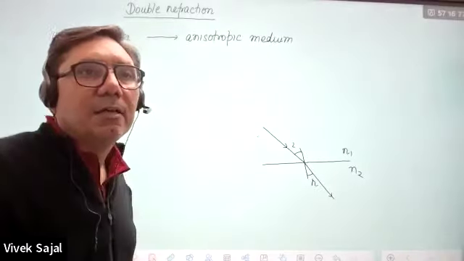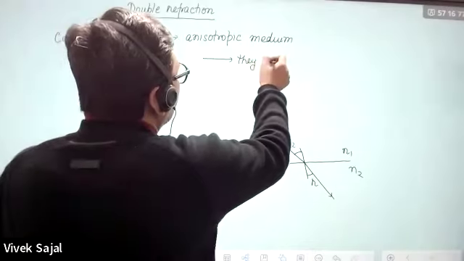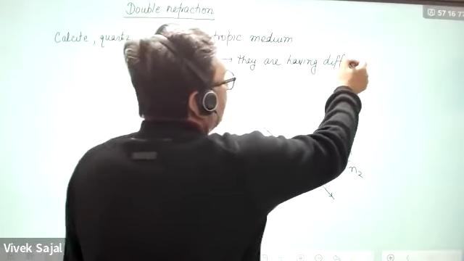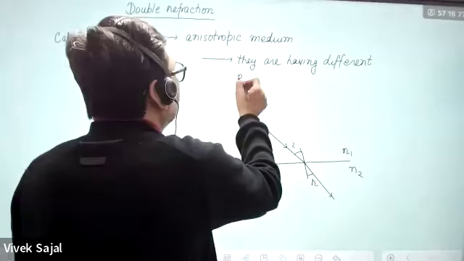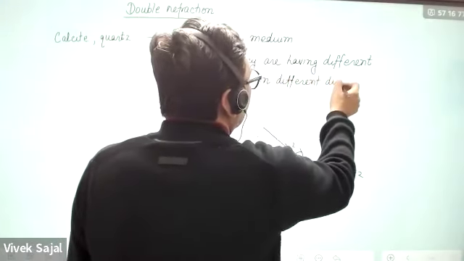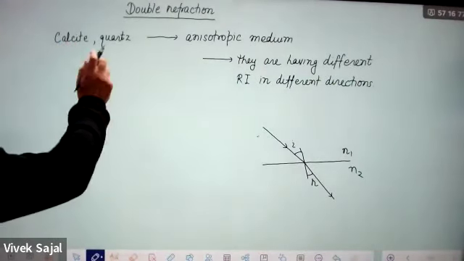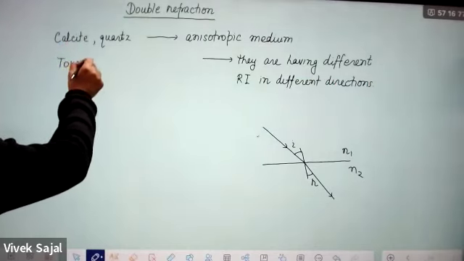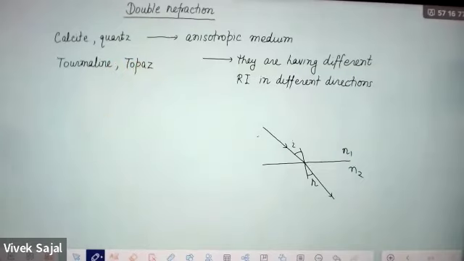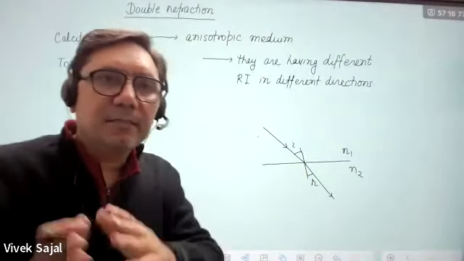That is why we call them anisotropic mediums. There are a few crystals like calcite, quartz, tourmaline, and topaz, which are anisotropic mediums, because they exhibit different refractive indices in different directions.